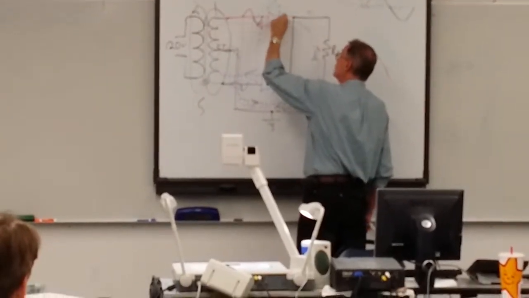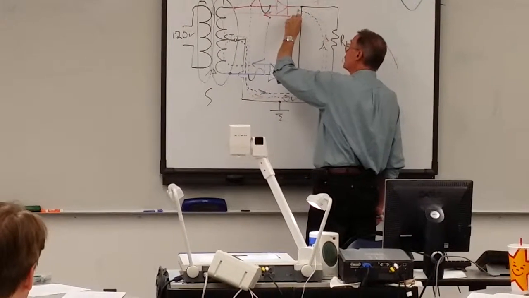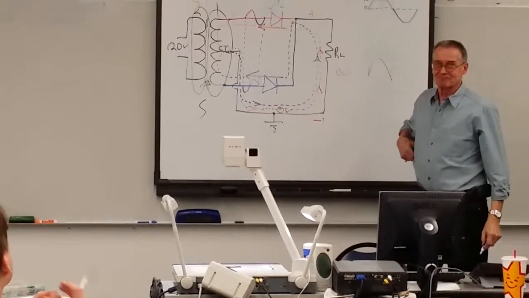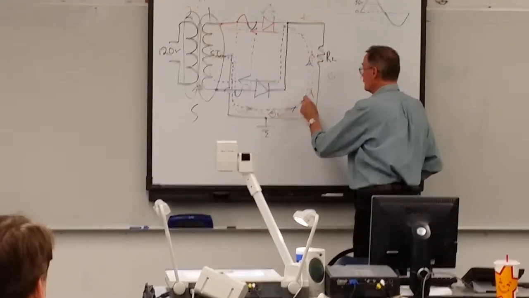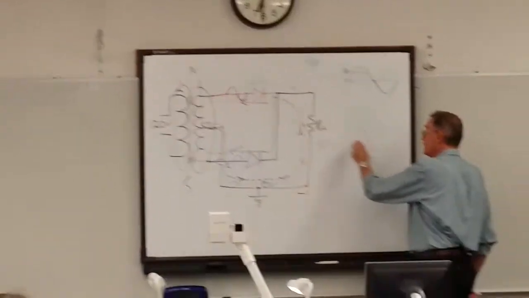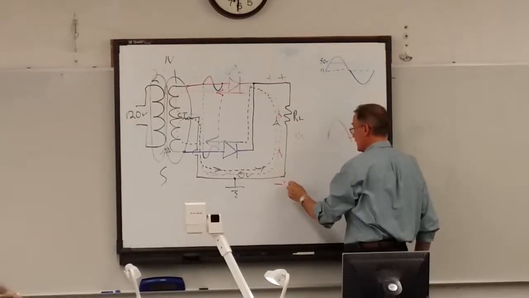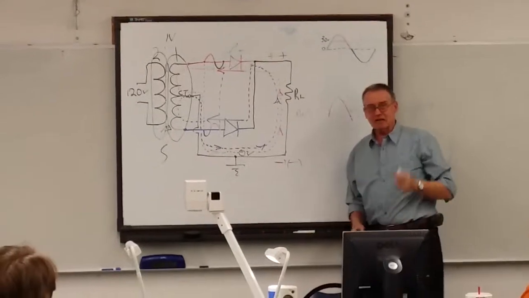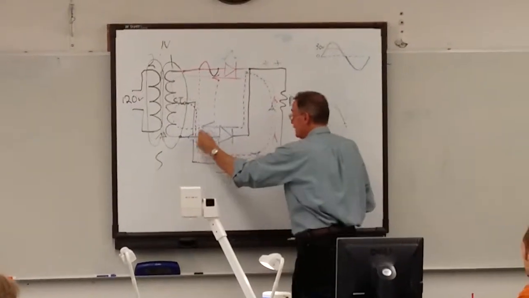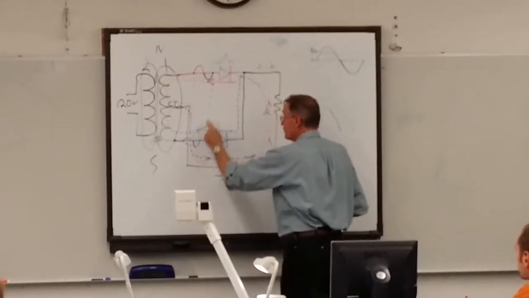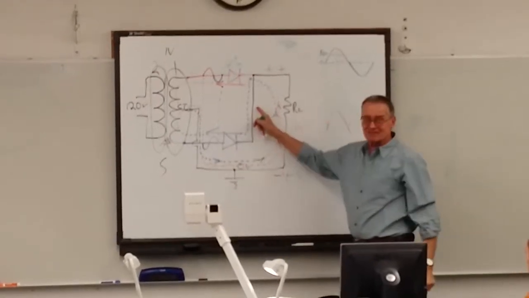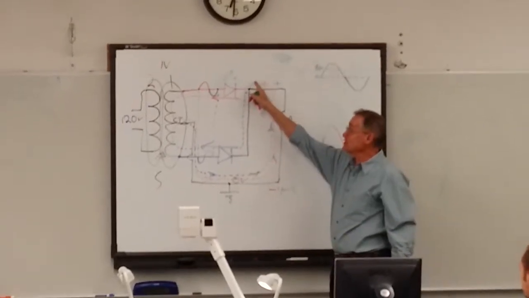And when I get to here, that's an open circuit. So I go right down here. And there's the path. But notice, the direction of current flow did not change, did it? So this is still positive, and this is negative, because the diode is acting like a one-way traffic thing. It's taking that positive here during the time that's negative, and it's routing the positive up there. You see, it has no choice. It's the only place it can go, and it puts the positive up on top again.